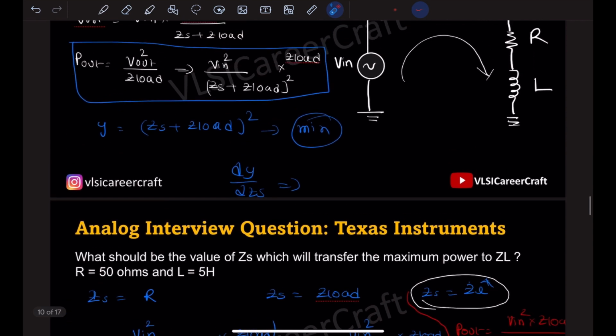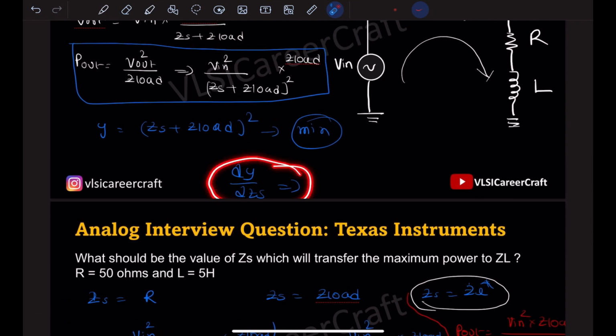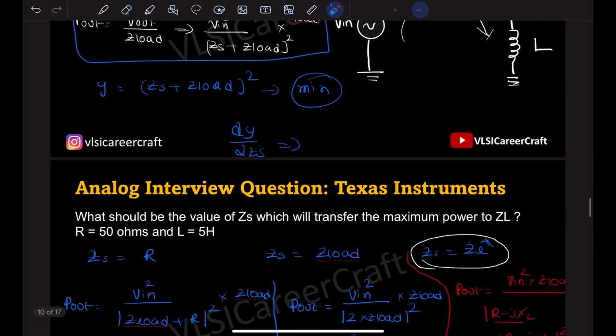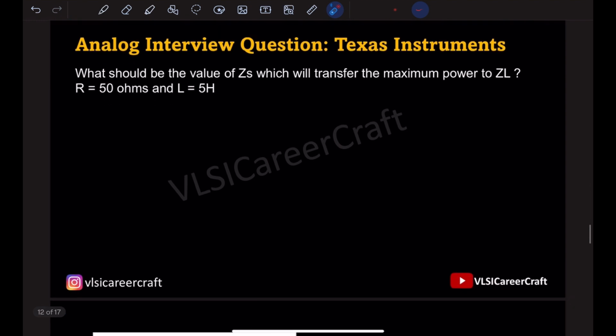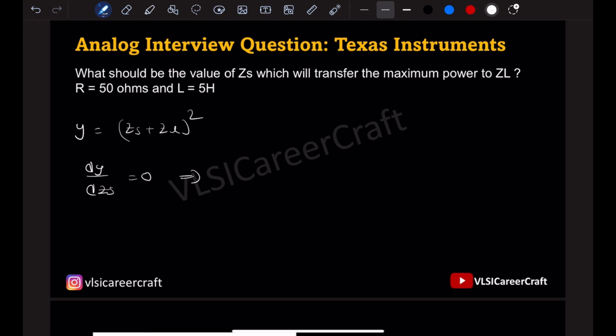As we mentioned earlier, we can also solve it using simple mathematics. Let's do that quickly. We took the equation y as ZS plus ZL whole square. If we do the simple derivation and equate it to 0, we get 2 into ZL plus ZS equal to 0, and ZL is equal to minus ZS.